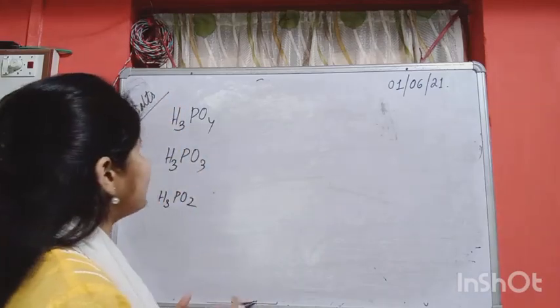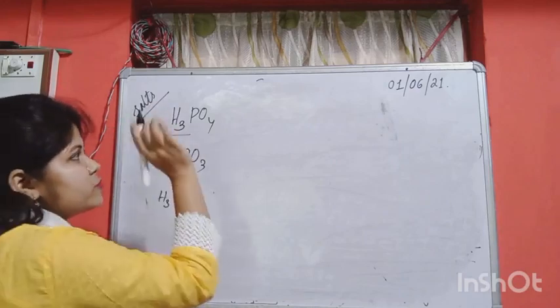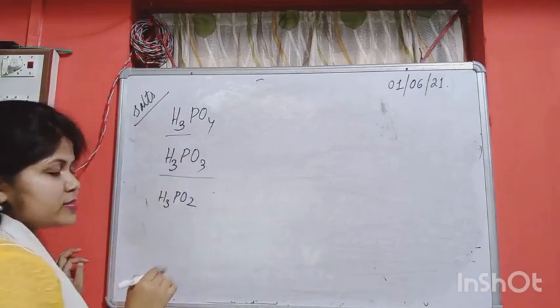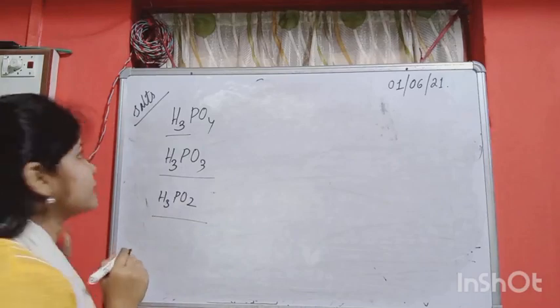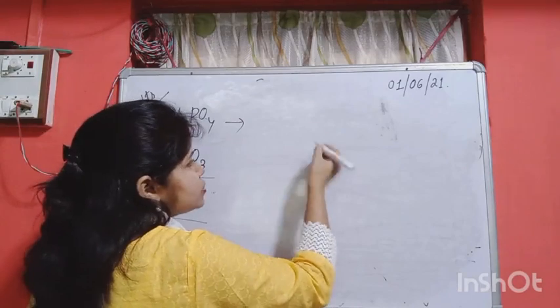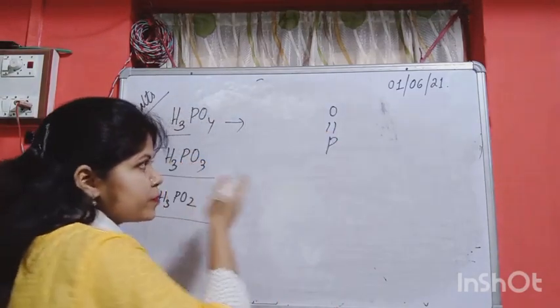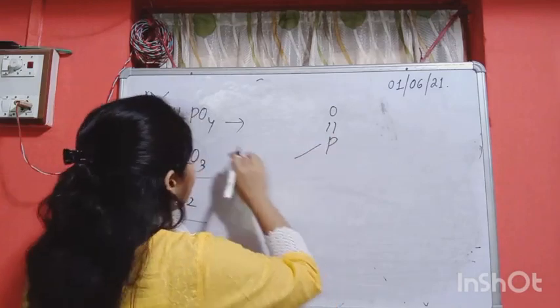For these, you would say that each will give 3 H plus ions. But it's not like that. We have to consider the structure. So for H3PO4 we have to consider the structure. Just look at it. How many oxygens are there?